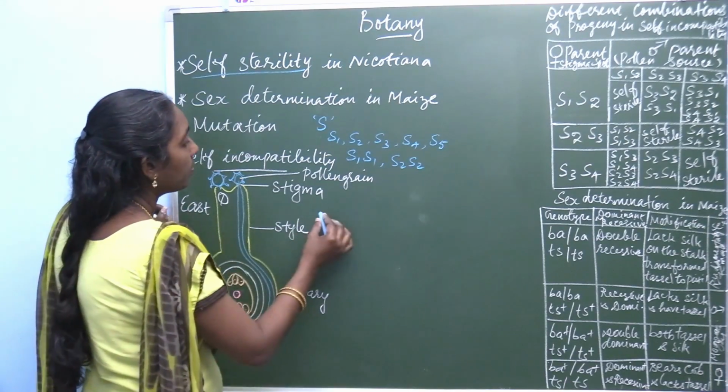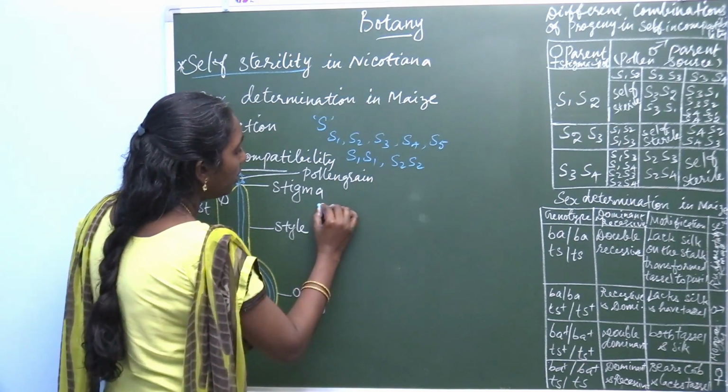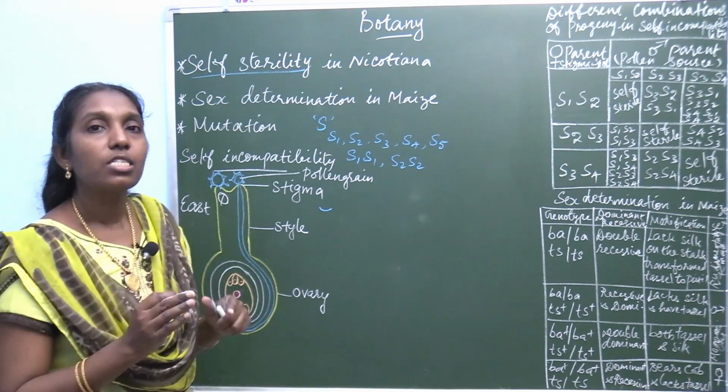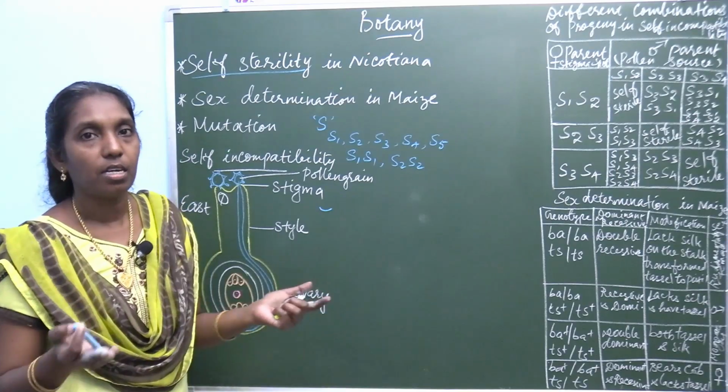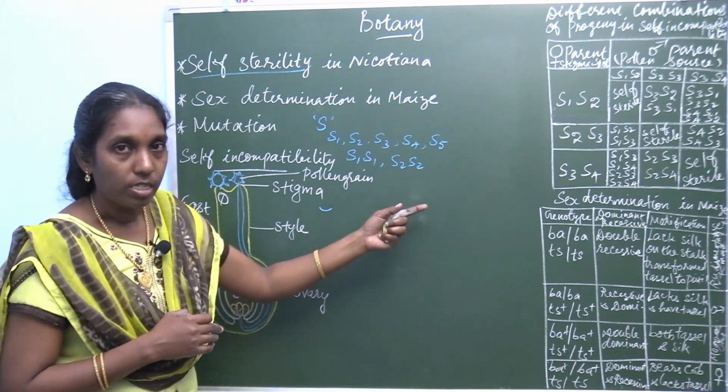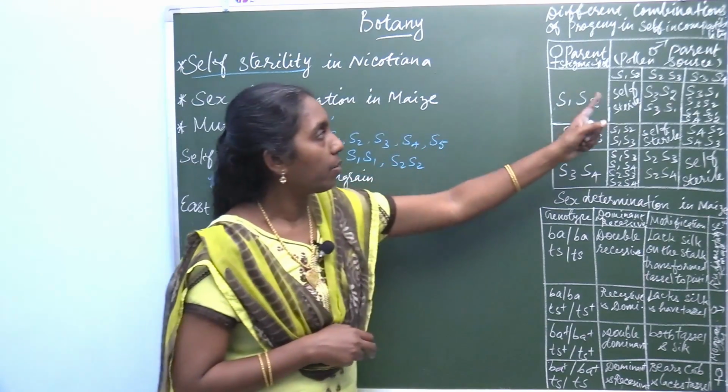So, let us see this. Here, if the cross is made between S1 S2 with various combinations of S1 S2, different combinations take place.